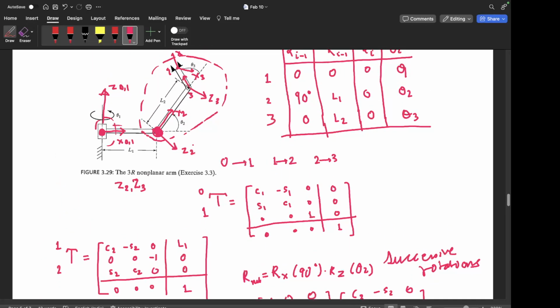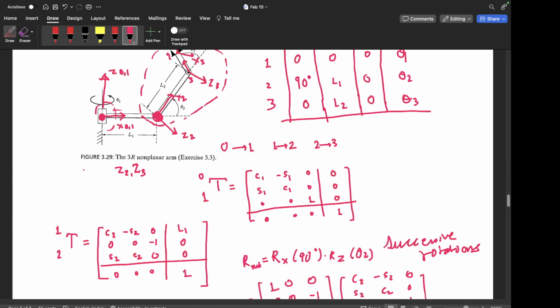So basically, what we are trying to find is a rotation matrix, a transformation from 2 to 1. This notation is like that only, right? If this transformation matrix is multiplied by a point in frame 2, it will give you the point's description in frame 1, right?